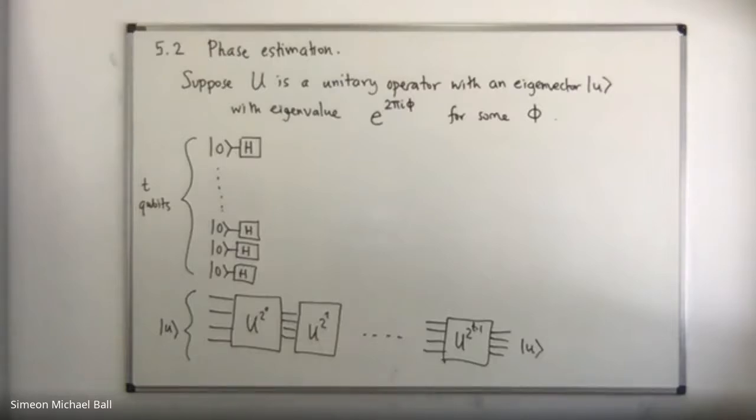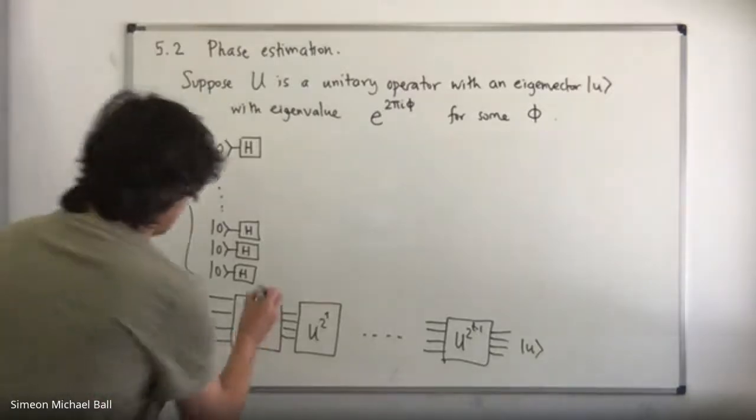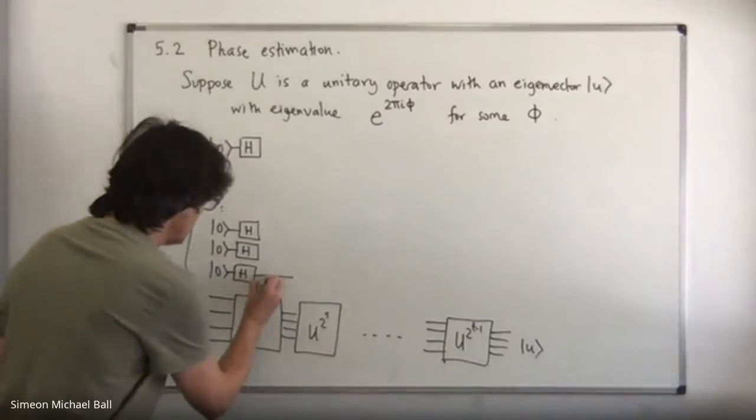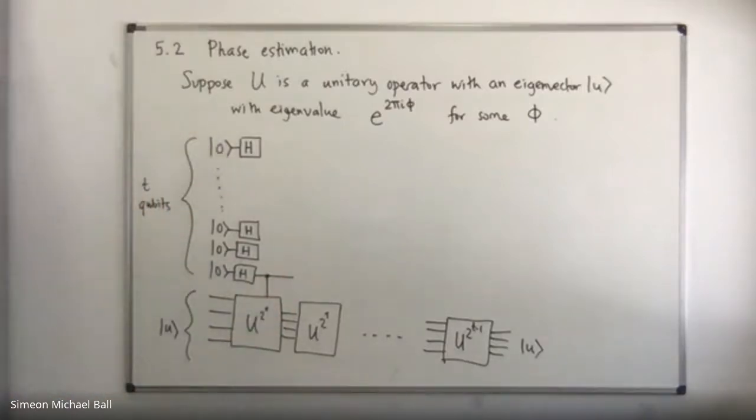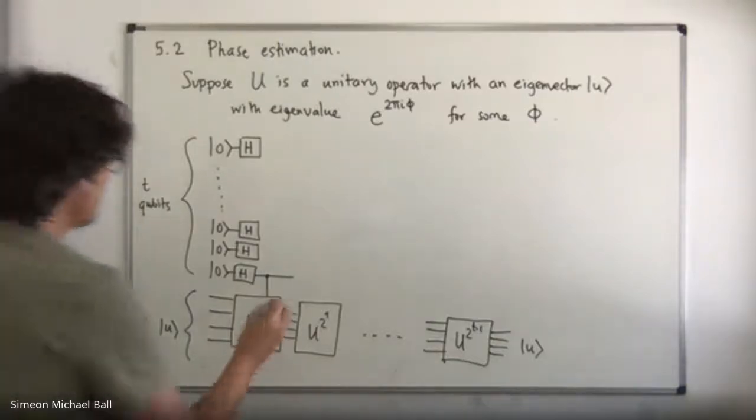Okay, so what happens if here I do a control U? What happens at the other end of this wire?